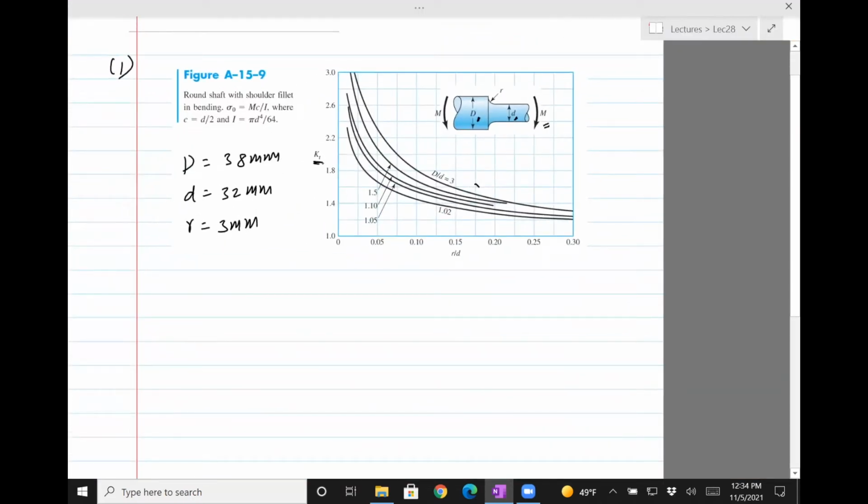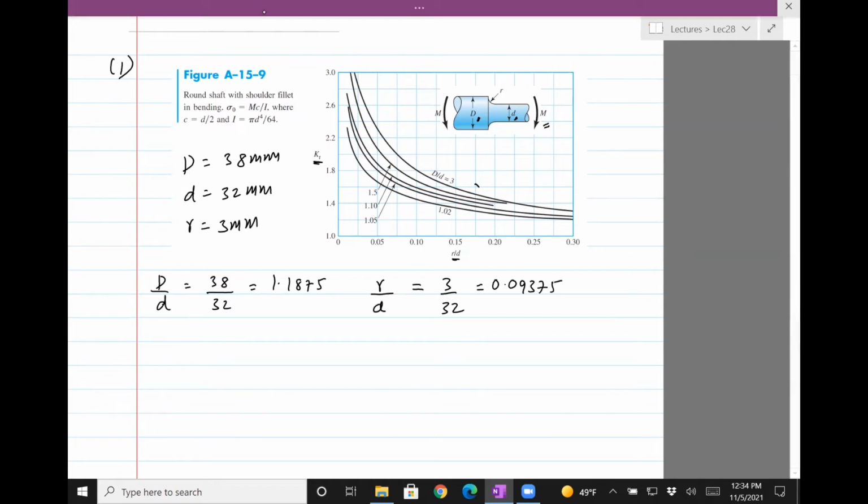So I need to use these 3 pieces of information in order to figure out what KT is. So let's find capital D divided by small d, that's 38 divided by 32, 1.1875. And then let's find r over d, and that is 3 divided by 32, that's 0.09375.